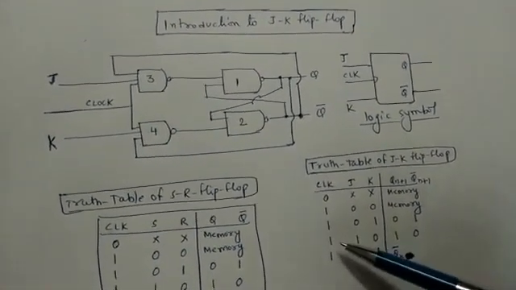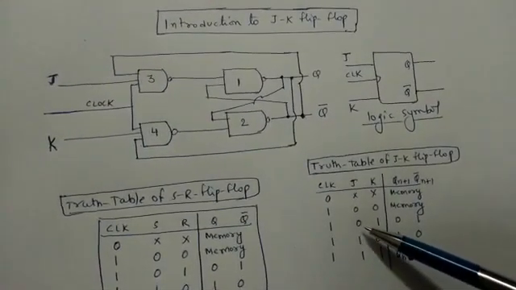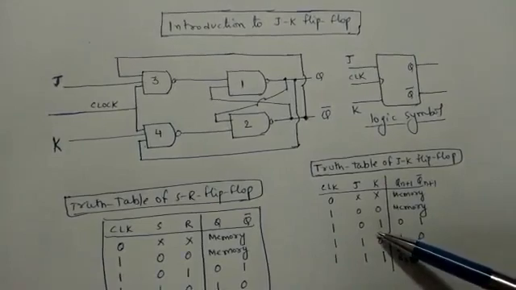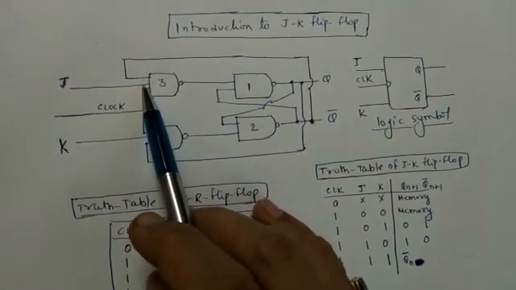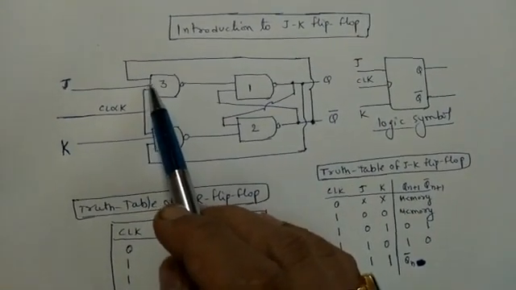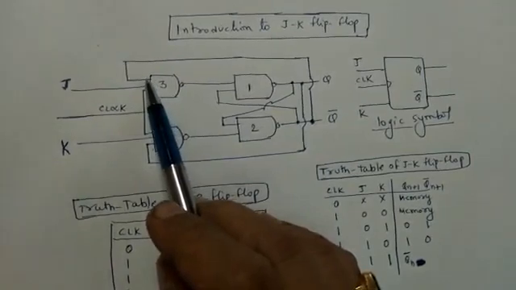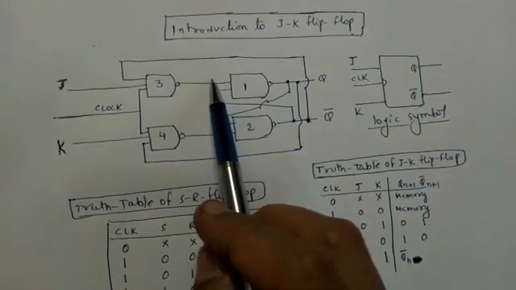Next, in similar manner, when clock is 1, J is 0 and K is 1. So here we are getting 0, this is 1, and so here we have 1.